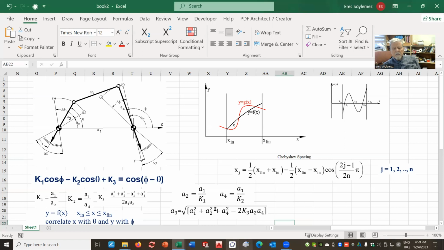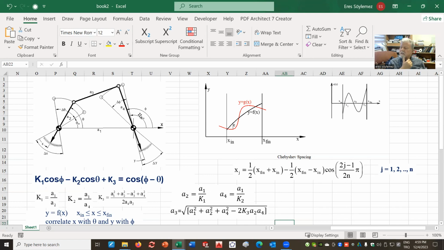Now, if you are to correlate crank angles, you can select 3 correlated angles, for example, theta 1, phi 1, theta 2, phi 2, theta 3, phi 3, 3 crank angles to be correlated. In this case, you will write Freudenstein's equation for these 3 angular correlations.